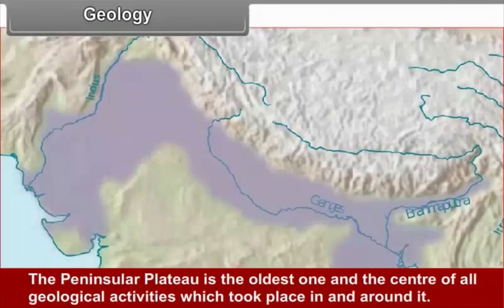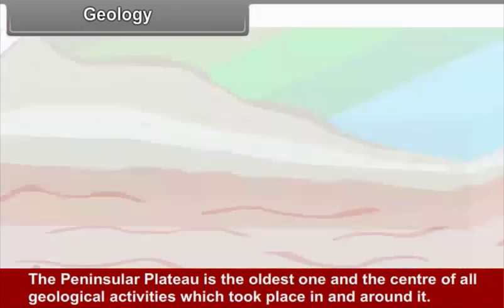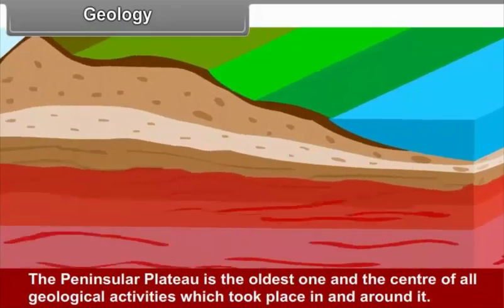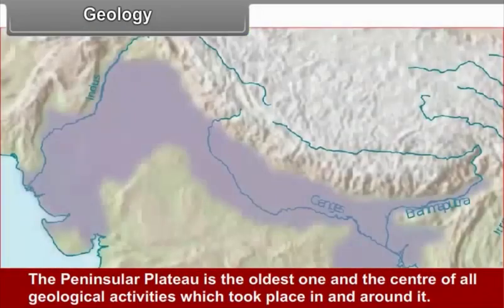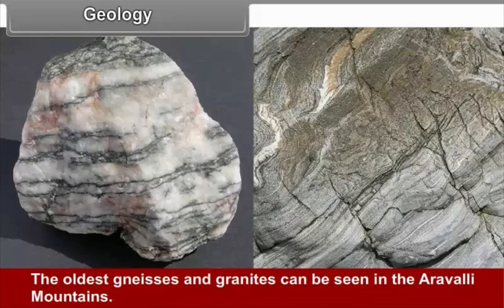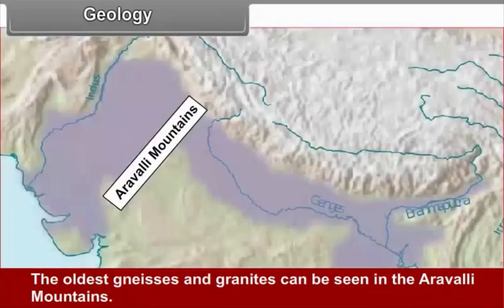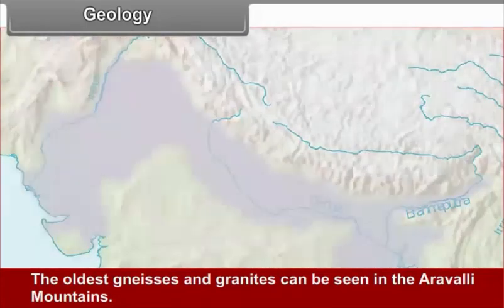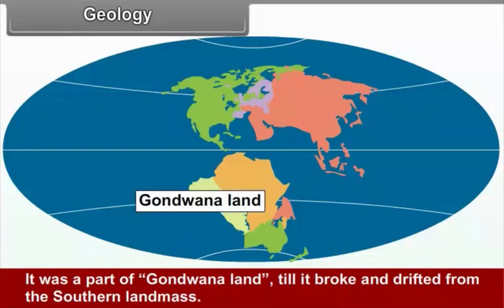The Peninsular Plateau is the oldest one and the center of all geological activities which took place in and around it. The oldest gneiss and granites can be seen in the Aravalli Mountains. It was a part of Gondwana land till it broke and drifted from the southern landmasses.